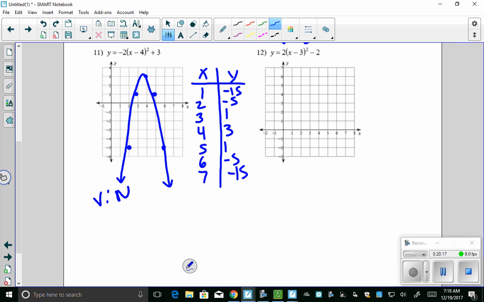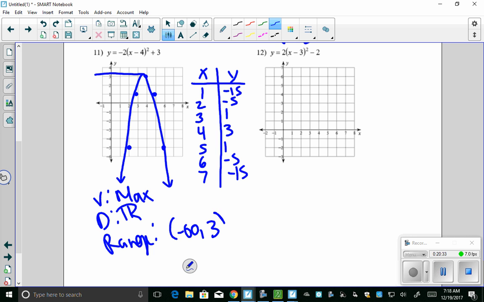Vertex is now a max. My domain has not changed. It's still all real numbers. And my range is now negative infinity, comma, 3.